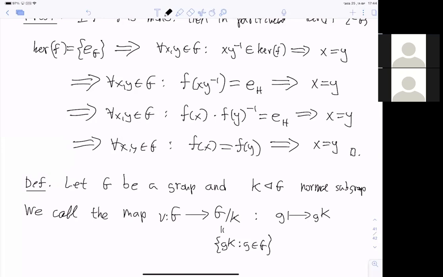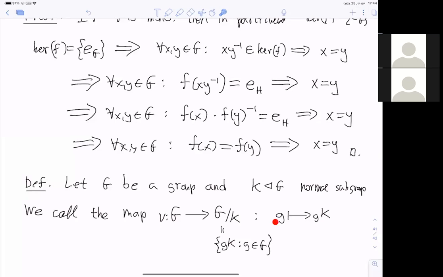By the way, of course, this map in general is far from being injective, because if the kernel is not trivial, any element in the kernel gives you the same image.